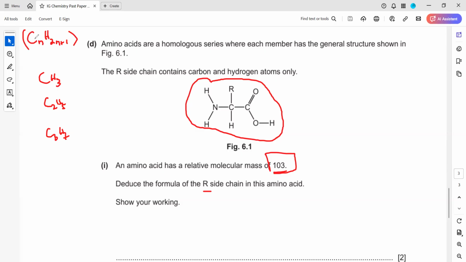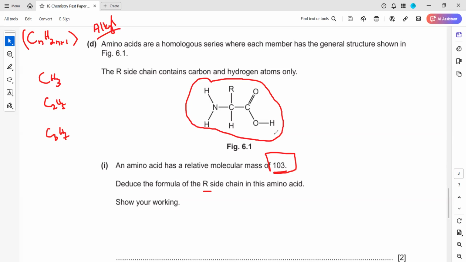The number of hydrogen atoms will be twice plus 1 compared to that of carbon. So this group is called alkyl when the number of hydrogen atoms is twice plus 1 compared to carbon.